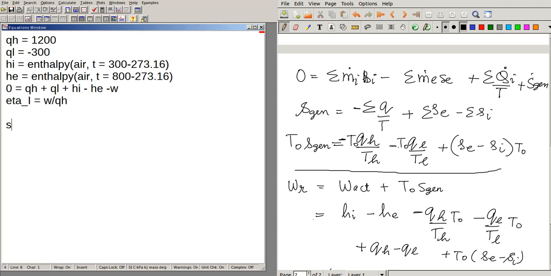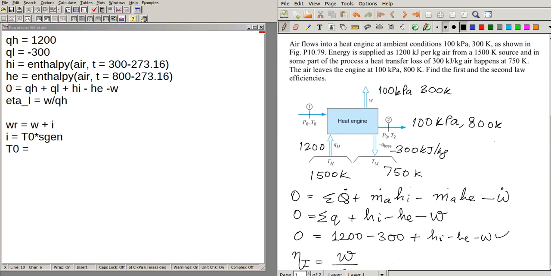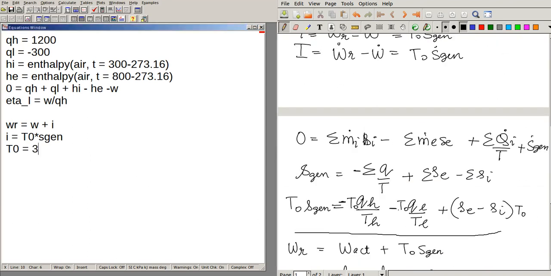So the very first equation is W reversible is equal to W plus the irreversibility, where irreversibility is equal to T0 multiplied by Sgen, where T0 in this particular case, let us go and look into the problem. What is T0? It's 300 Kelvin. So T0 is 300. We need all the temperatures in Kelvin now.